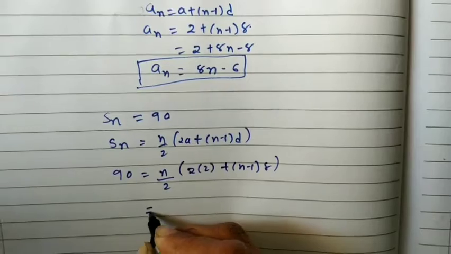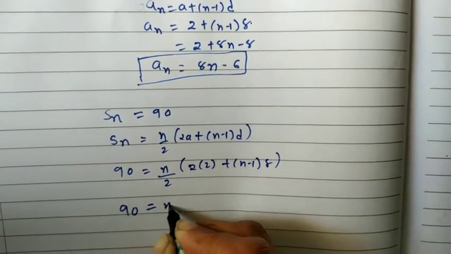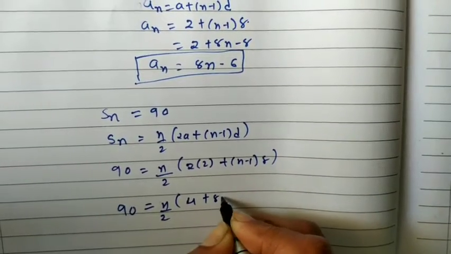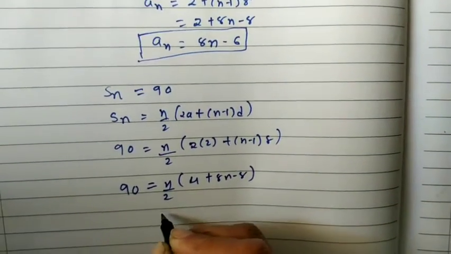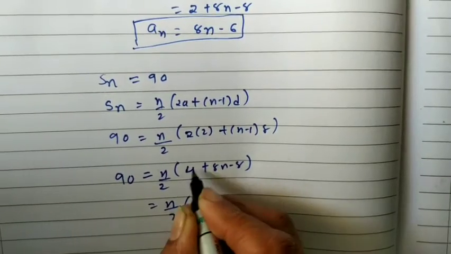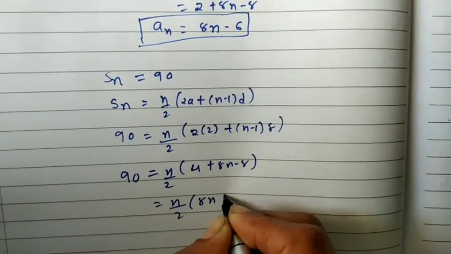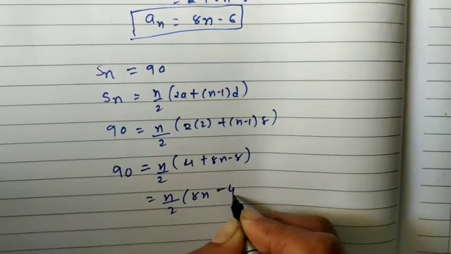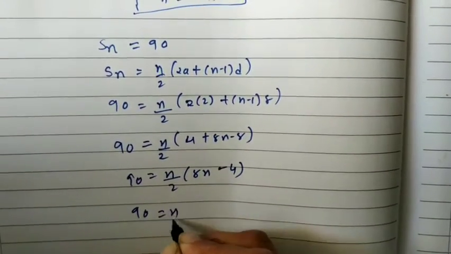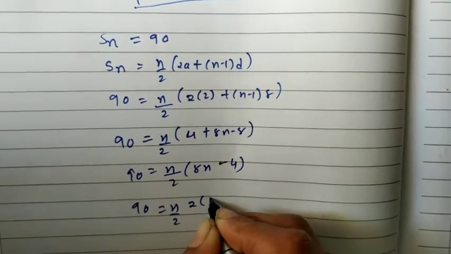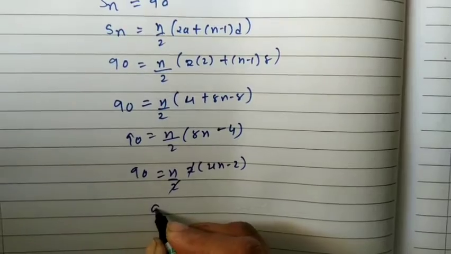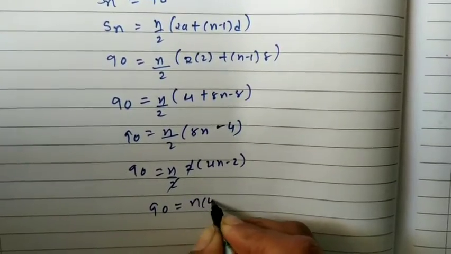So let us try to solve it. 90 only, n by 2 only, that is 4, 8n minus 8. So let us write n by 2 into 8n minus 4, since 4 will be left from 8. Let us take 2 common, so we can reduce it. It will become 4 and it will become 2. So the 2 we will cut. So here remains 90 is equal to n into 4n minus 2.